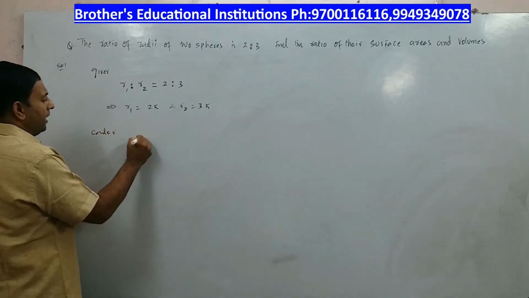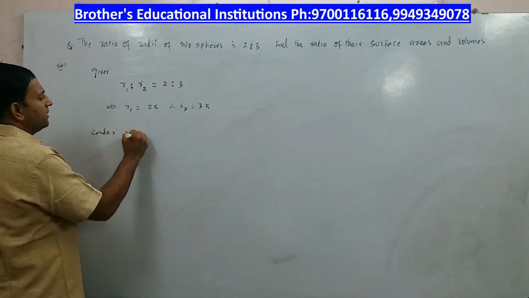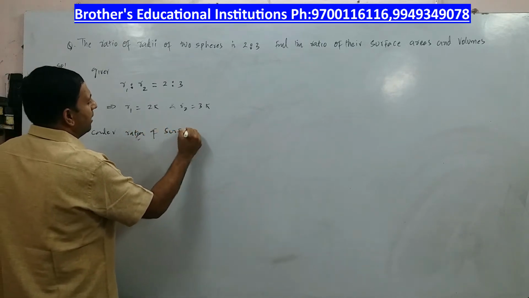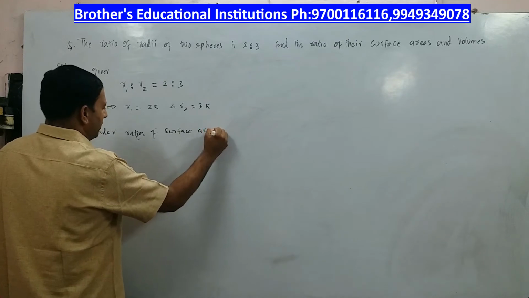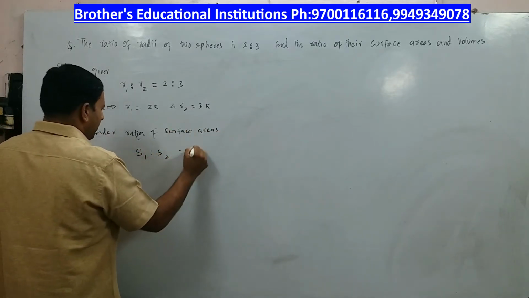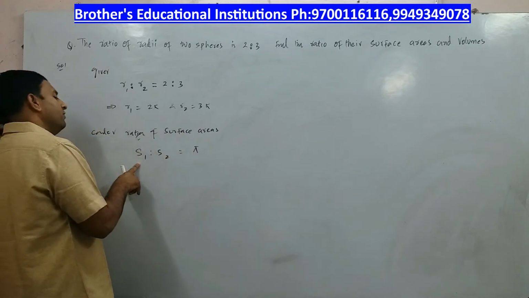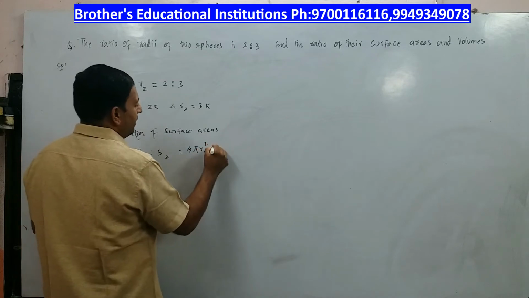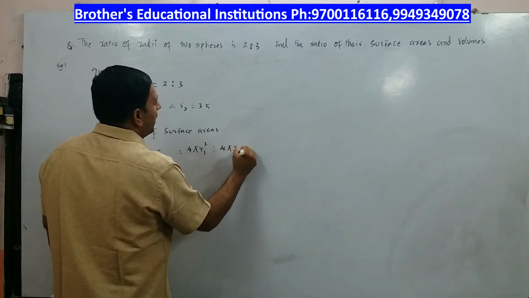Consider ratio of surface areas. So I may call that as S1 is to S2, surface area. What is S1? Surface area of the first sphere, which is 4 pi R1 square is to 4 pi R2 square.